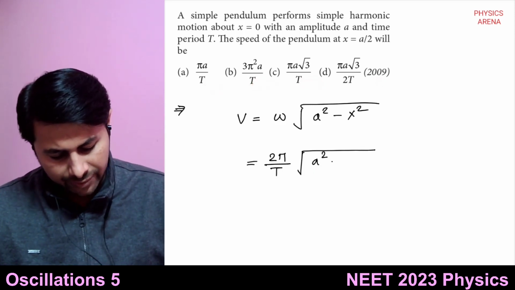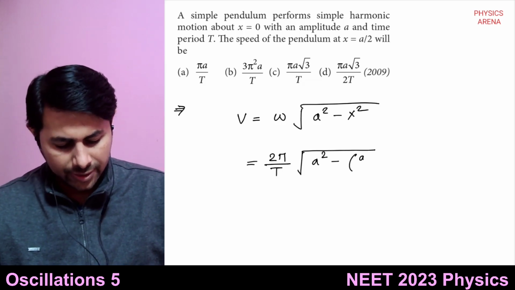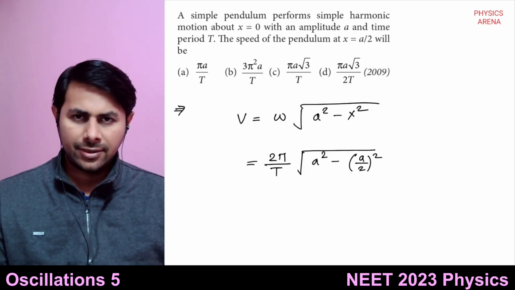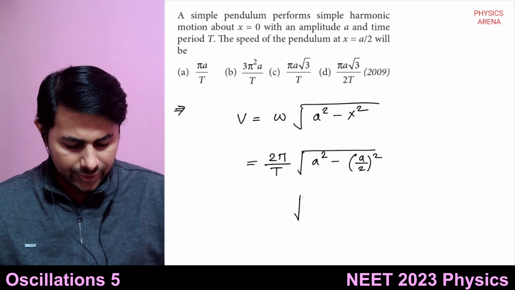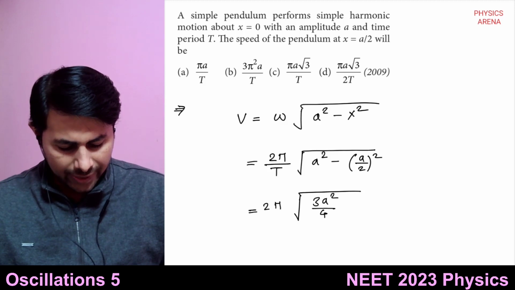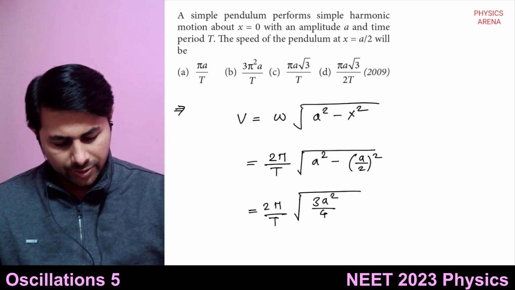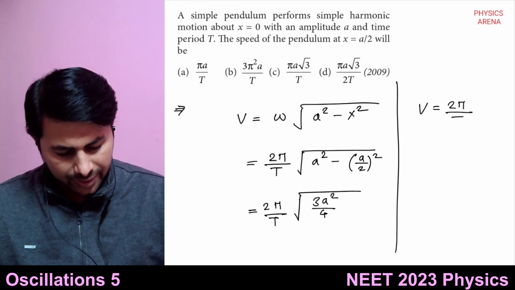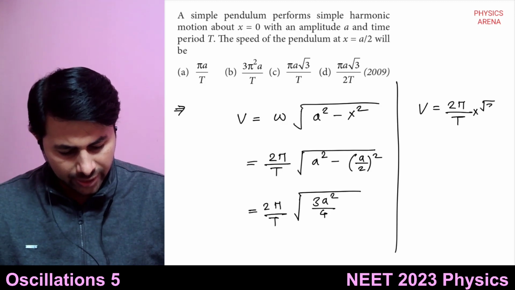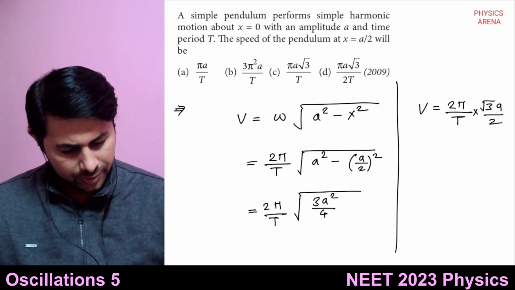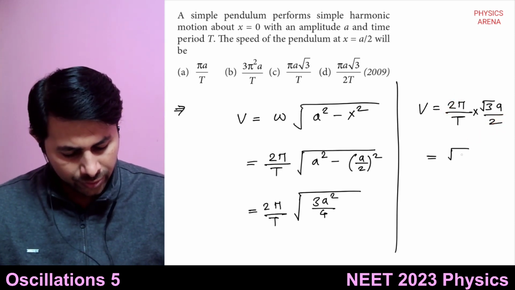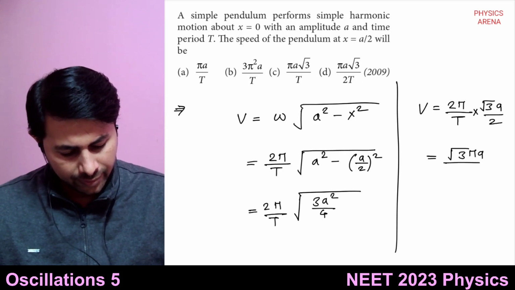So A square minus x square, which is A by 2 square, so it is A square minus A square by 4. So it is 3A square by 4, times 2 pi divided by T. If you take square root, you get v equals 2 pi upon T multiplied by root 3 A upon 2. 2 and 2 get cancelled. So it is root 3 pi A upon T.